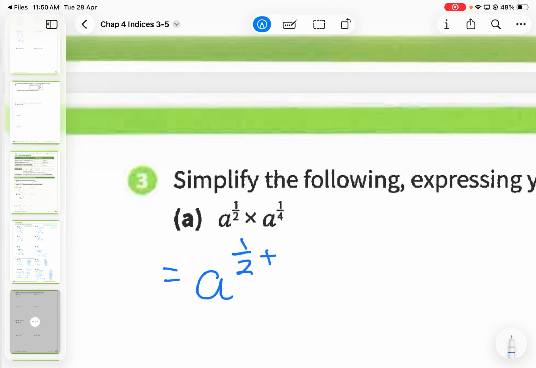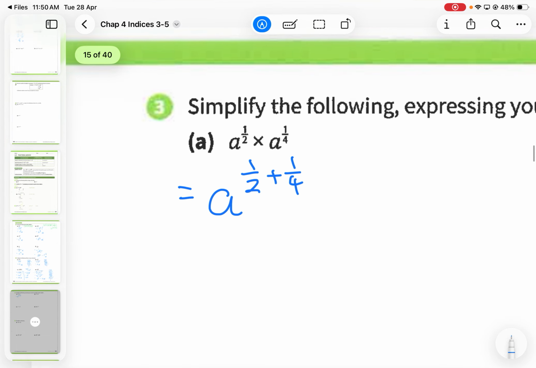So actually no change. When I multiply two numbers, same base, I still just add up the index. Just that this time I'm adding fractions. Okay? Then how do I add fraction? Make same denominator. Then become 2 over 4 plus 1 quarter, become 3 quarter. Or you can also use calculator. Half plus 1 quarter is 3 quarter.